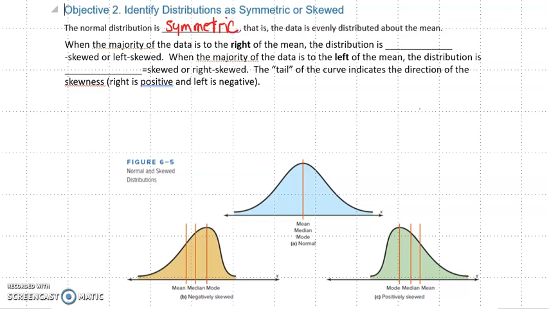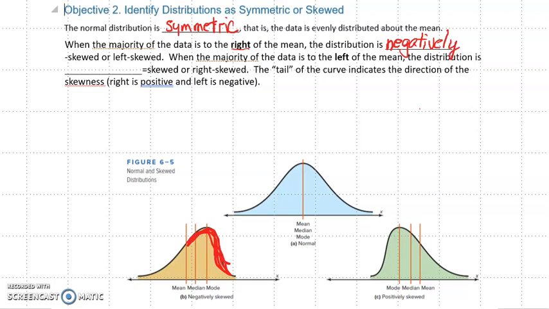If you have a situation where the majority of the data is to the right of the mean, like in this case, we've got most of our data here to the right side of the mean, the tail trails off to the left, so we say that's left skewed. Another name for that is negatively skewed.